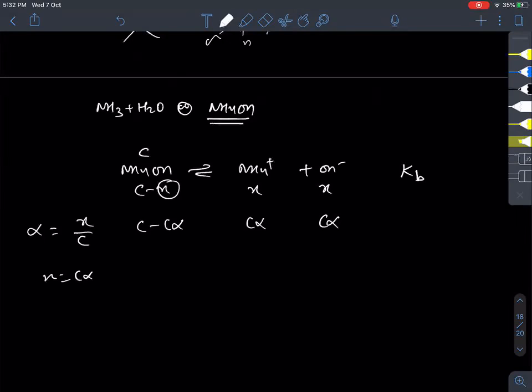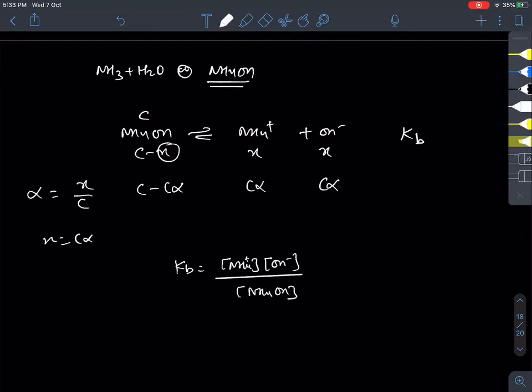Now the value of Kb that we can write is the concentration of this species over the concentration of ammonia, right?